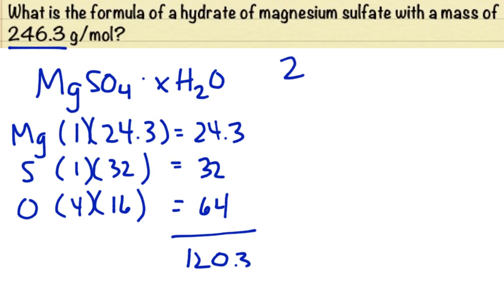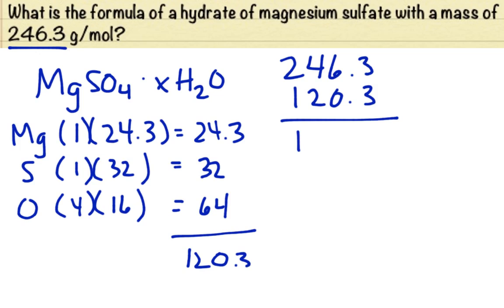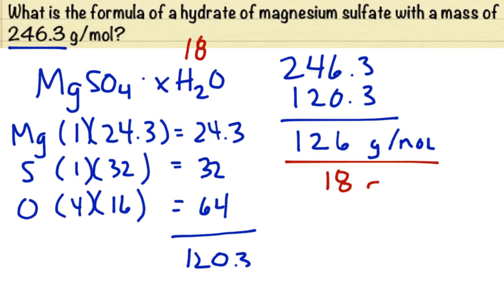You could then take that molar mass given to you in the problem and subtract the compound, 120.3, to come to a grand total of 126 grams per mole must come from the water. Well, water has a molar mass of 18 grams per mole. So we could then take 126 and divide it by 18 grams per mole.